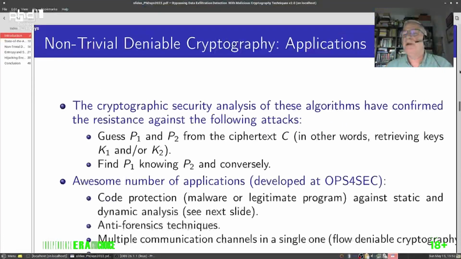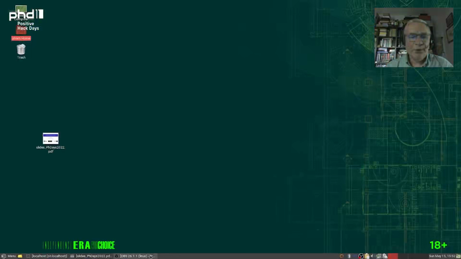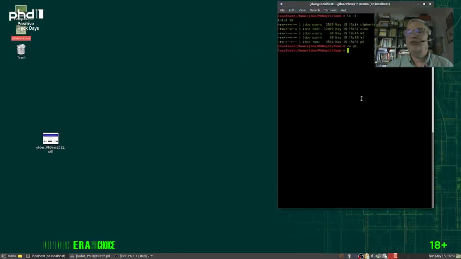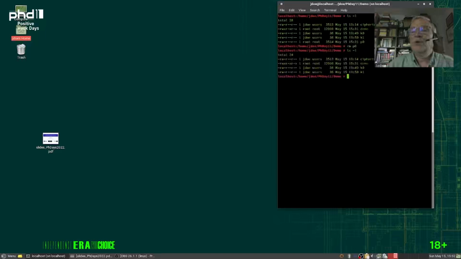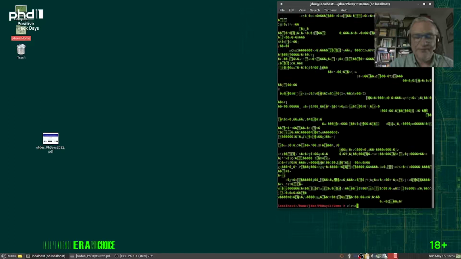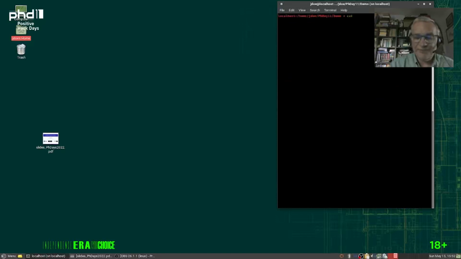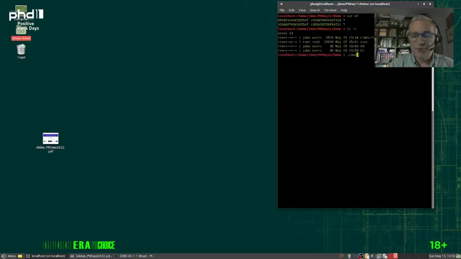So let us consider a short demo. We have here the ciphertext, the execution binaries, and the two keys. Just to show the ciphertext, to prove that indeed it is a ciphertext, and here the two keys. As you can see, they are very short keys. So now let us decrypt.